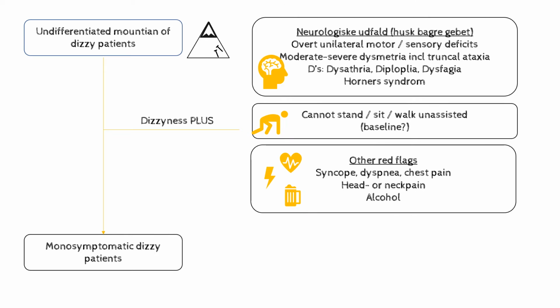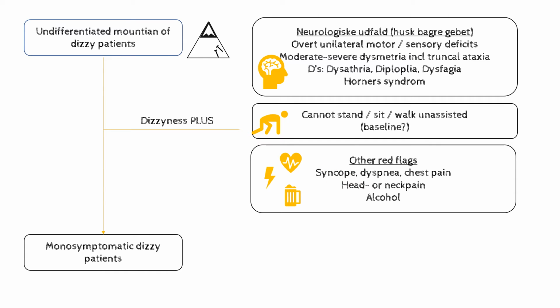Okay. Then you have some of the other red flags, and these are important to sort out as well. These can be like syncope, dyspnea, or chest pain, which could indicate everything from ACS to dysrhythmia to maybe a subarachnoid hemorrhage if it's a syncope with a headache.